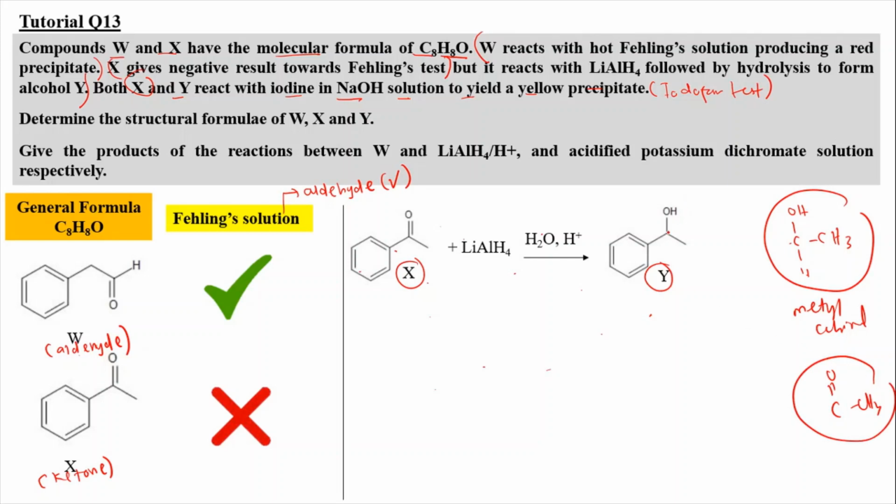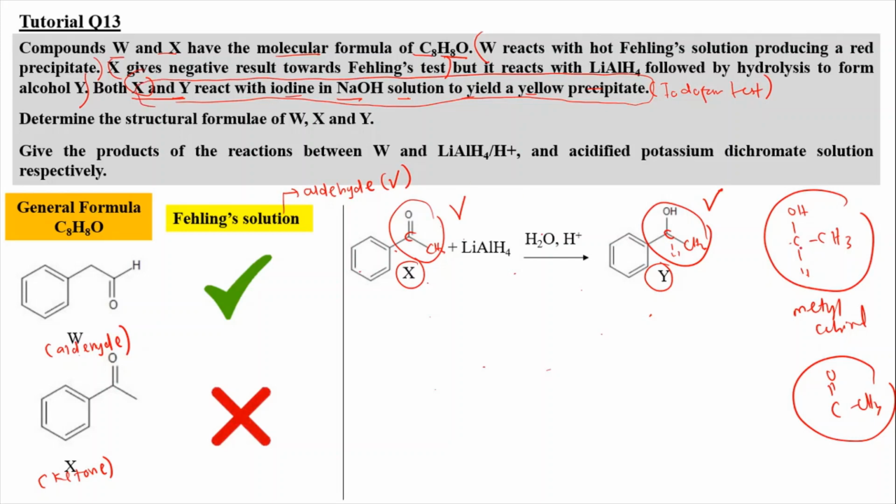So in this case we have CH3CH(OH), so it's going to give a positive result. Here we have C=O CH3, so it's also going to give a positive result. So we know that our structure here is correct because it is consistent with the information given.